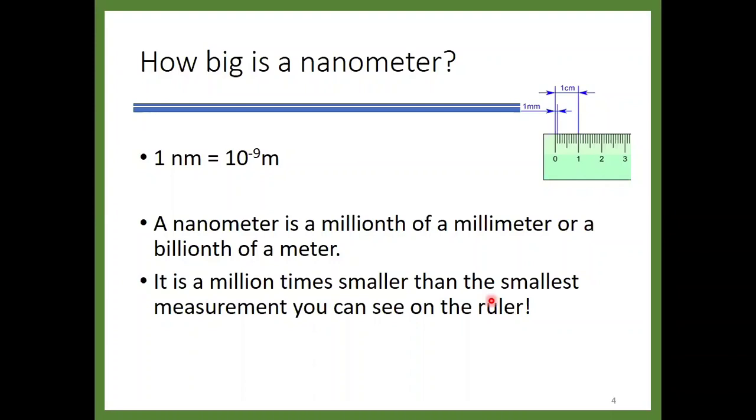So think how small it is. This is 1 millimeter, the smallest dimension you have on your ruler. So it's a million times smaller than that. This dimension we cannot see with our naked eye. It's very small, and later we will be discussing the challenges associated with this smaller size.